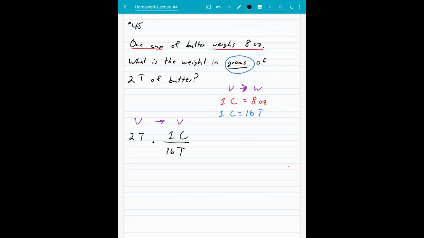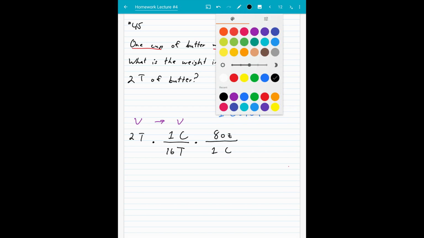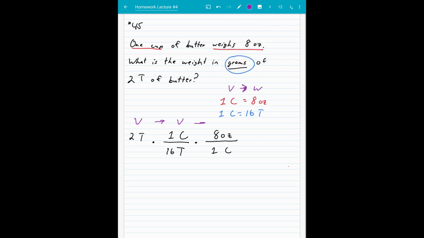But what we need to do now is, since we have the cups right here, I can change that cups to 8 ounces, a weight measurement. So I'm going to put 1 cup on the bottom, 8 ounces up on top. That then gives us a volume to weight change.